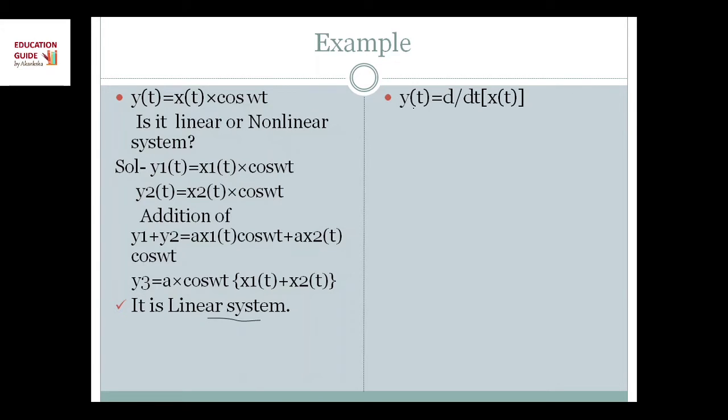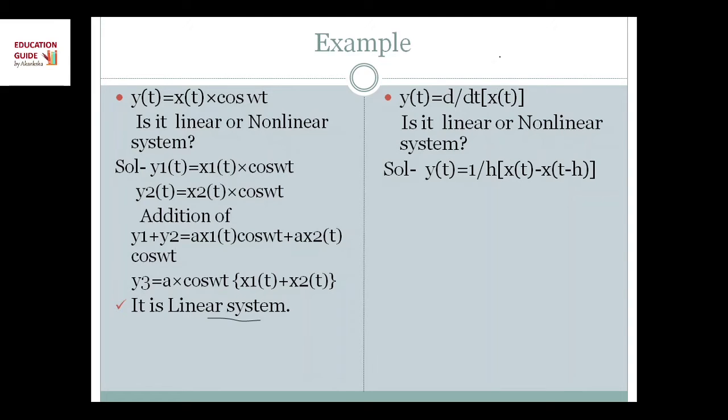Next example is y1(t) = d/dt x(t). Is it linear or non-linear system? We convert d/dt = 1/h [x(t) - x(t - h)]. Then we put y1(t) = 1/h [x1(t) - x1(t - h)].